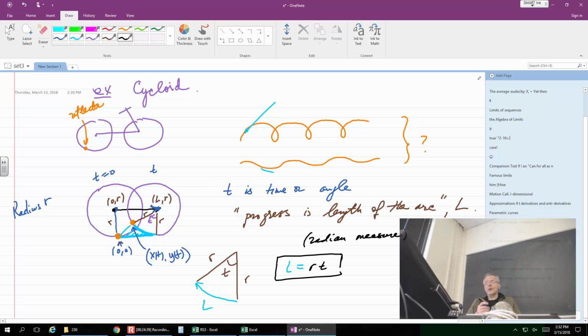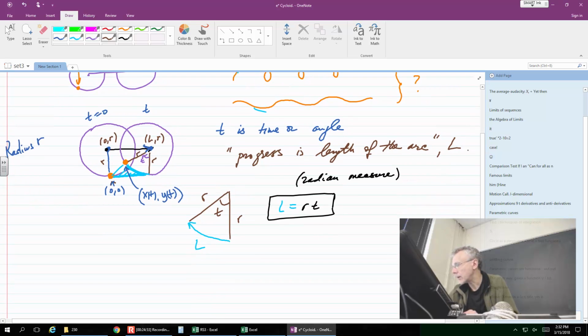So it's proportional to the radius, and t simply measures the angle. Okay, with that established, let's go on.